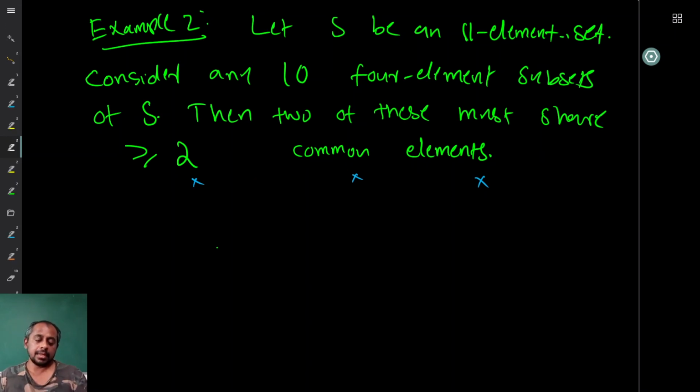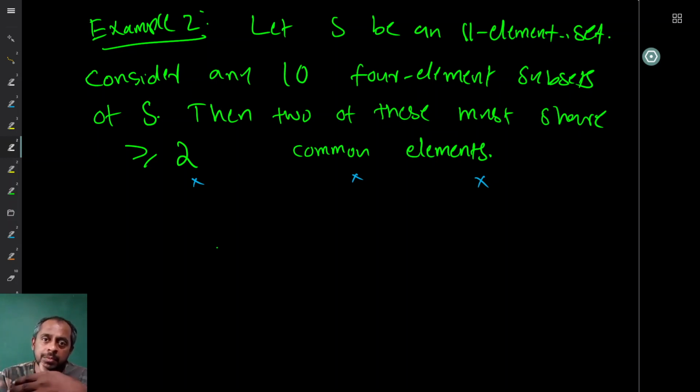So here the following question is given, that you are given a set with 11 elements. Now out of this set, you are going to make 4 element subsets. So you take any 4 of them, you get a subset. You take some other 4, then you take another subset.